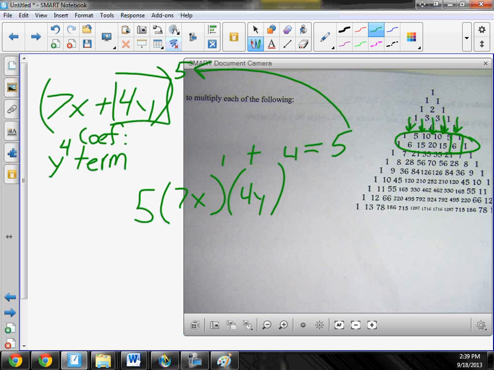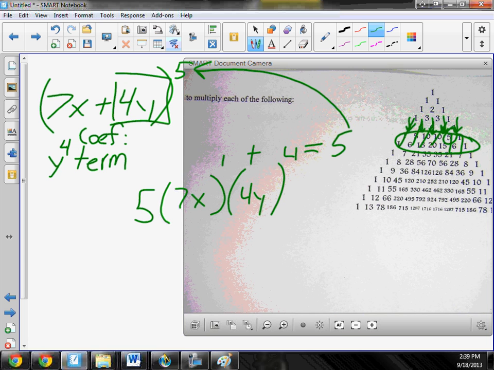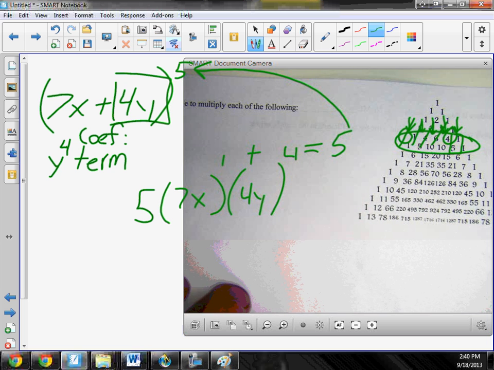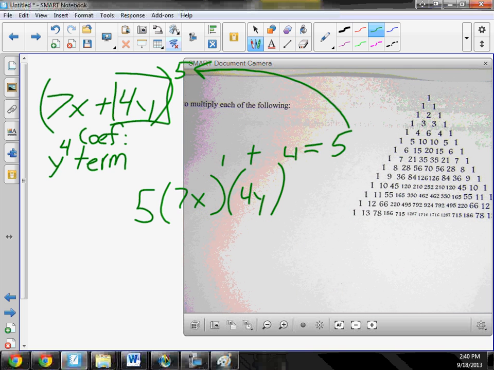So where did I get the 1? So if I look at the 7x's, this would be 5, 4, 3, 2, 1. If I were to write all this out, the 1, and I move my paper a little bit. Let me erase this. So if I look at row 5, this is my A term and this is my B term.